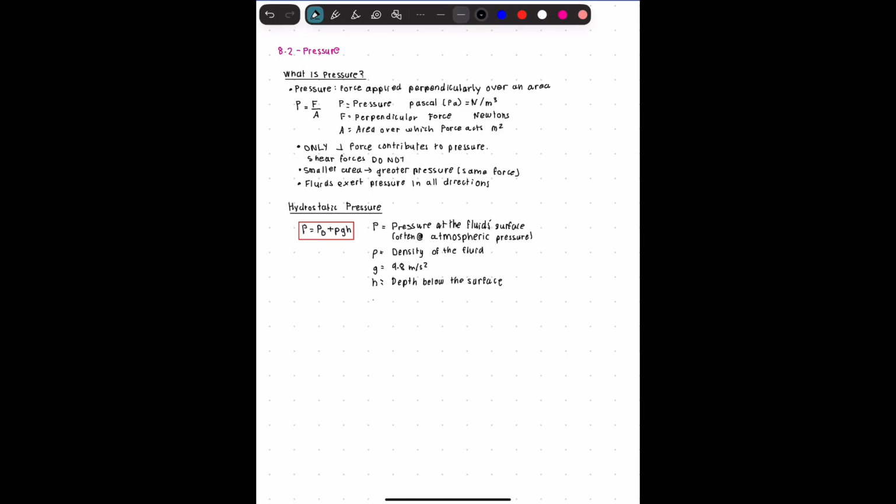So some critical facts that you should know include: pressure increases linearly with depth. Also, pressure depends on depth, not horizontal position.